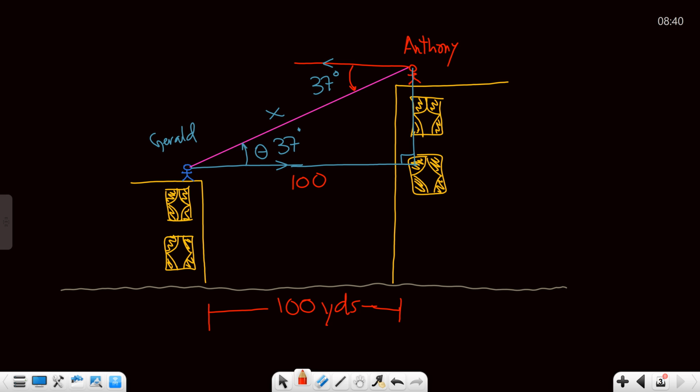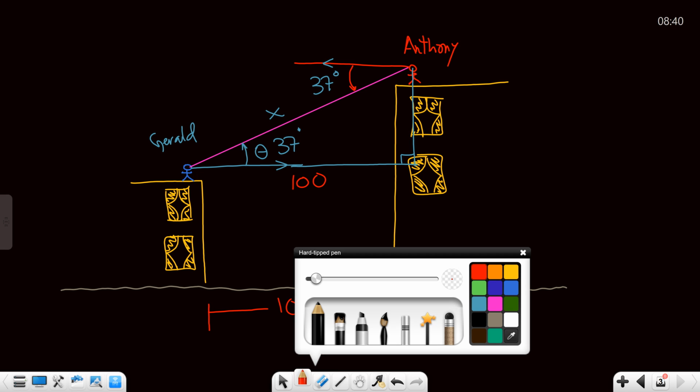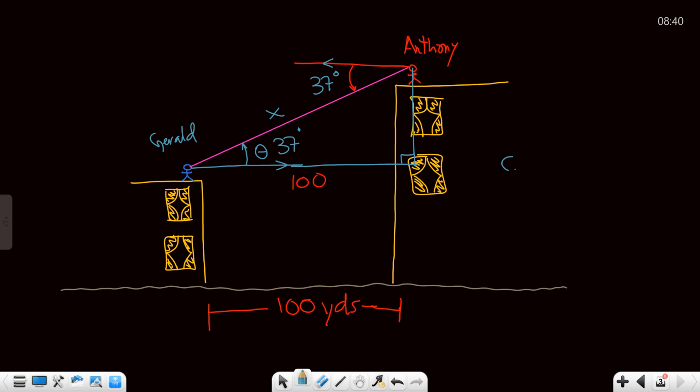Okay, so if you can get the picture drawn, then everything else is just what we've done already. This becomes a straightforward trig calculation. Cosine of 37 degrees is equal to 100 over x or x over 100? Okay, solve that, please.